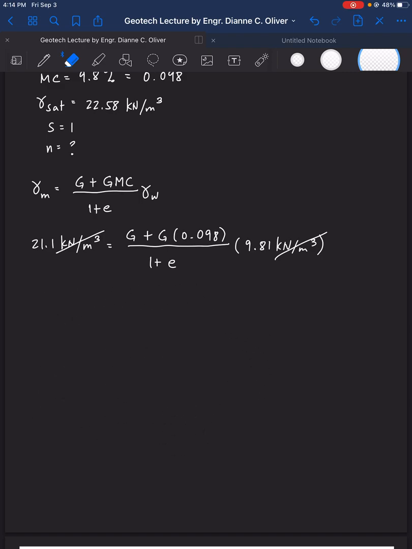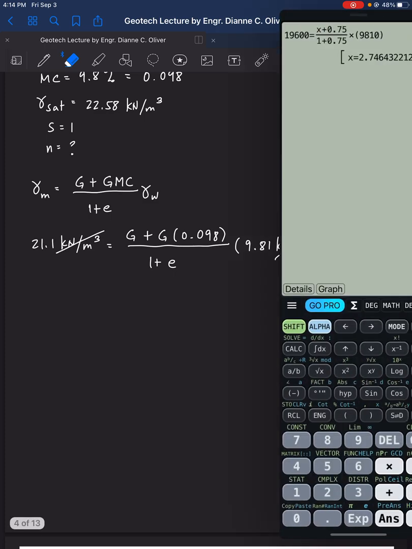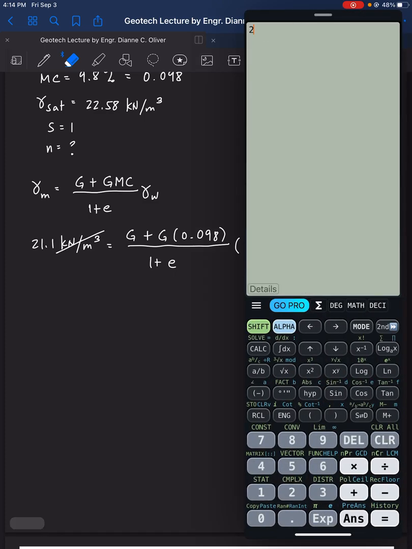I forgot something major. Let's divide 21.1 with 9.81. Okay, so 21.1 divided by 9.81 is 2.1509.